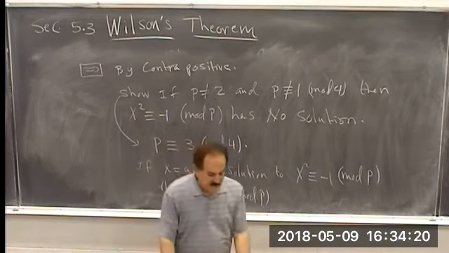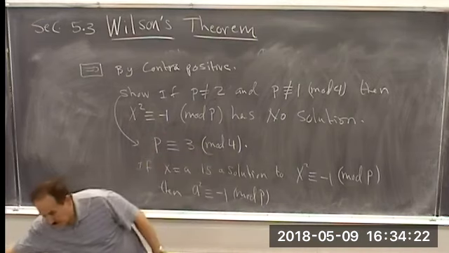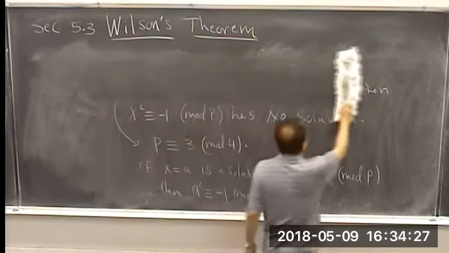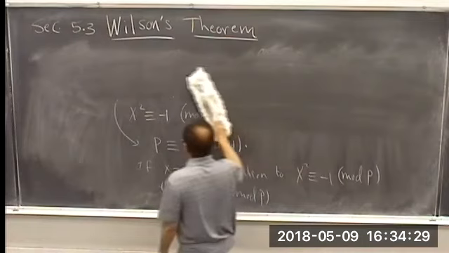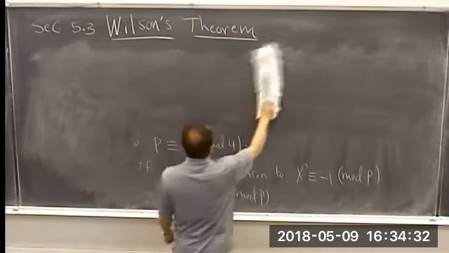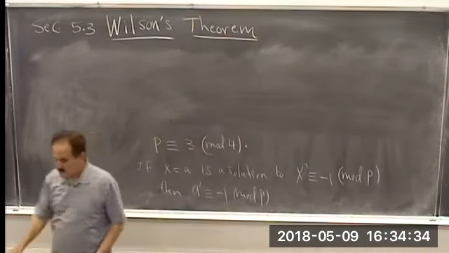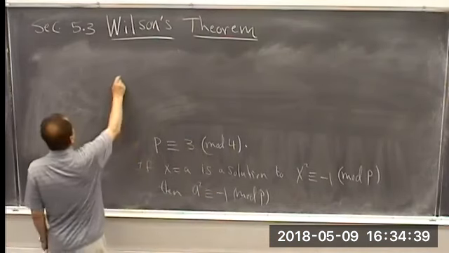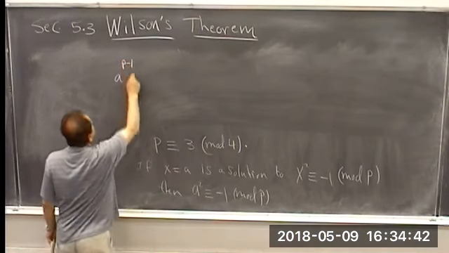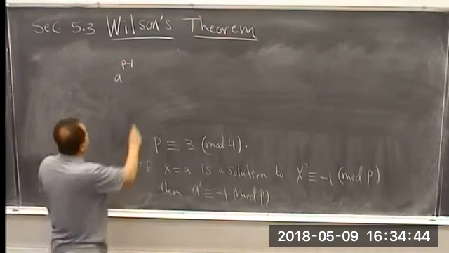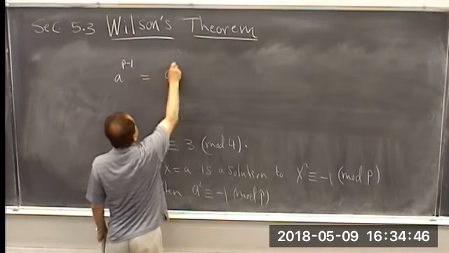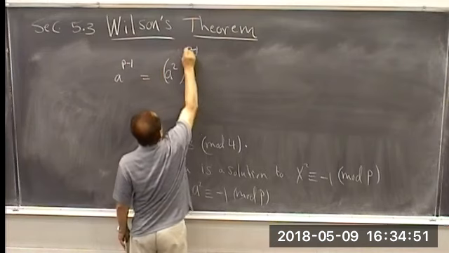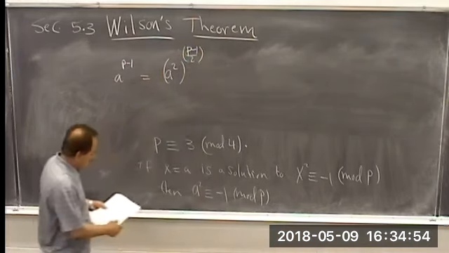Now let's look at a to the power P minus 1. We can say this is actually a squared to the power (P minus 1) over 2, right? So the exponent.